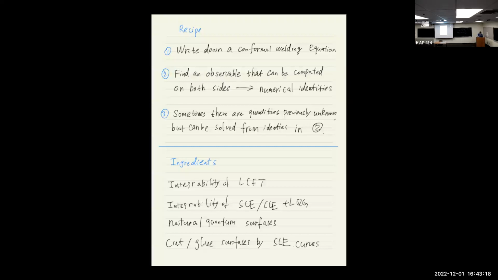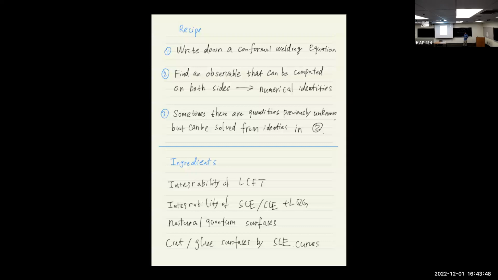And the ingredients of this recipe are these two types of integrability and the equivalence of these two different kinds of natural random surfaces. And also this cutting and gluing of quantum surfaces using these SLE curves. So with my collaborators, we proved a bunch of instances of this cutting and gluing of quantum surfaces using SLE curves and implementing this recipe to obtain a few formulas.